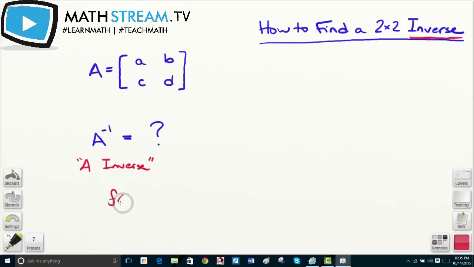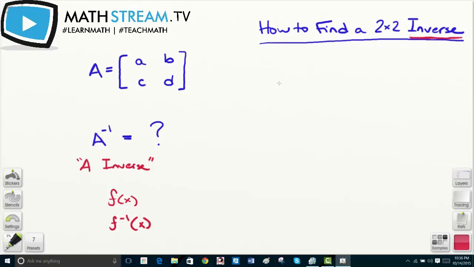Let's say we had f of x, and when we found the inverse we called it f -1 of x, and that meant f inverse. Well, the same terminology works here. I probably should have noted that in my first explanation, but just in case that threw you off, remember that's just code for inverse.